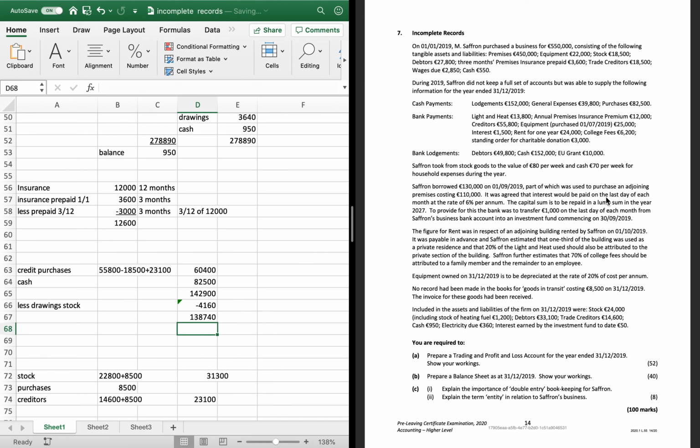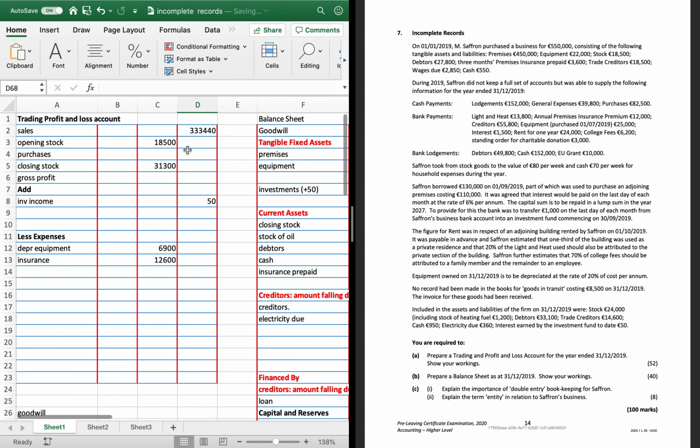That gives you 138,740 for our purchases. Okay, so 138,740 up there. All right. So at that point, I can actually work out what my gross profit is. I might as well while I see those numbers there. So that's probably the hardest couple of our workings done.